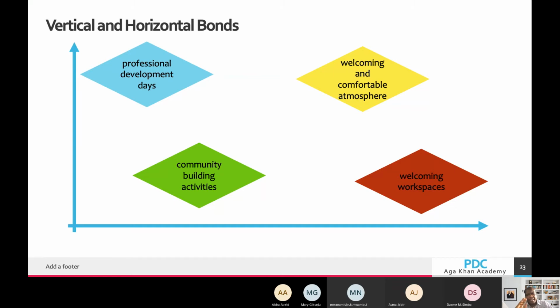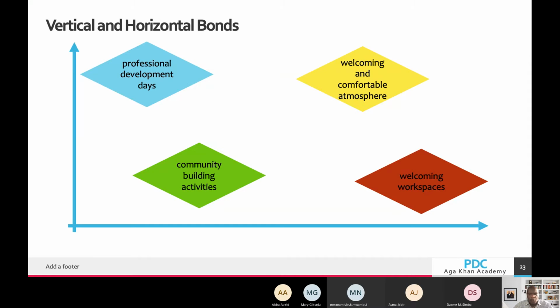So the vertical bond and the horizontal bond are not static, and they can be built or they can be dismantled over time. So the way you are relating with the teacher, the students, the parents, and your seniors can influence and also shape the way the bonding is built up.